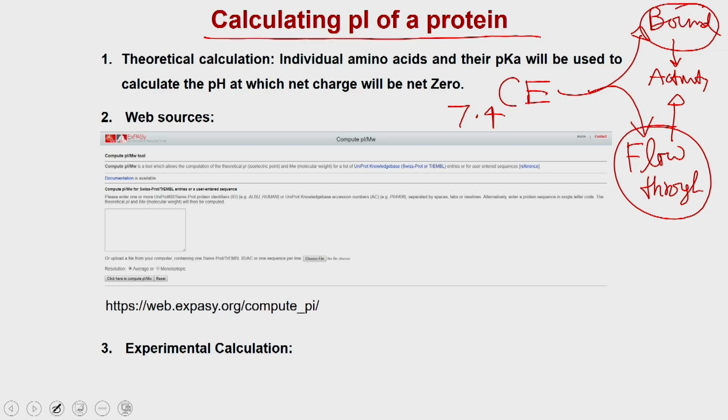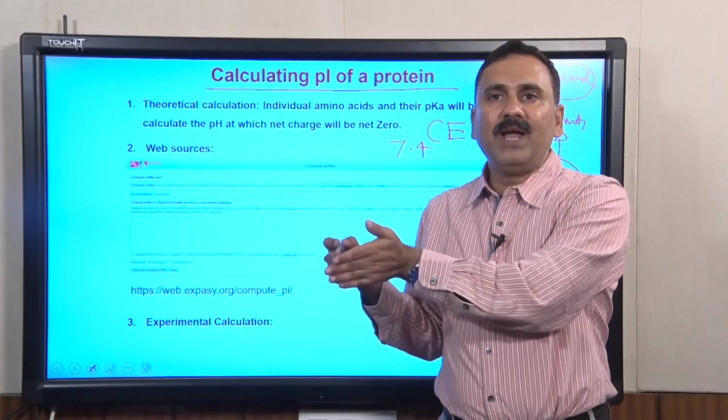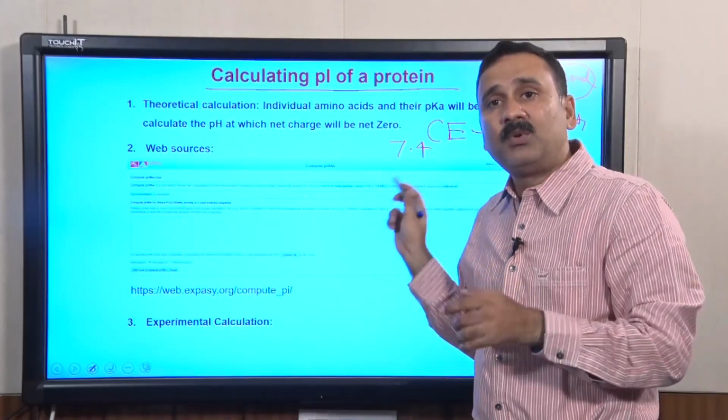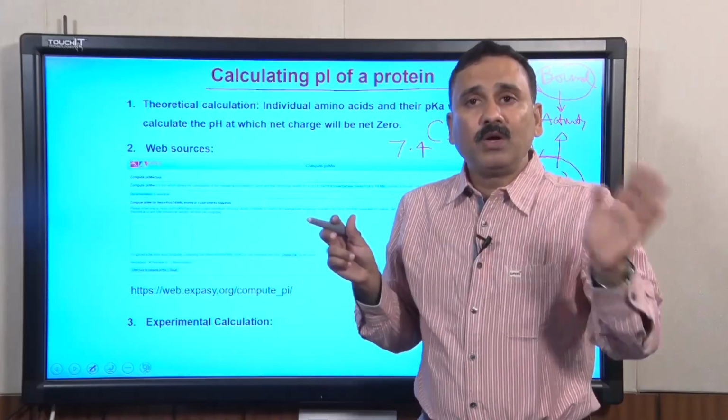So, once they do the cation exchange chromatography at 7.4, either the protein will be present in the matrix bound phase or in the flow through phase, which means it is not binding to the matrix. Now, they will analyze these two fractions for activity. Suppose they got the protein in the bound fraction, then they will realize that the protein has a pI closer to 8 or 9, because if you remember, for cation exchange chromatography you have to go lower than the pI.